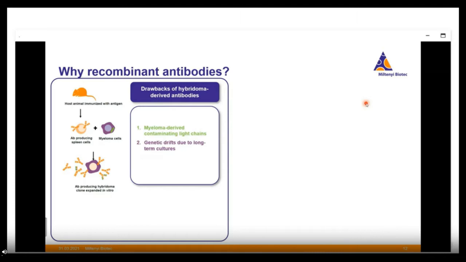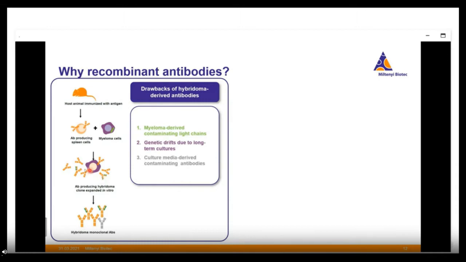You can see this green light chain contaminant. Also, in case this kind of cell line is cultured over the long term with many passages, this can lead to spontaneous mutation, and that results in an antibody clone which is different than your expectation.